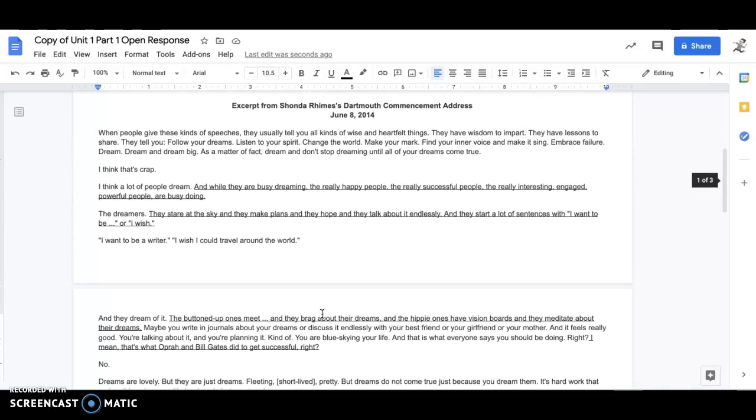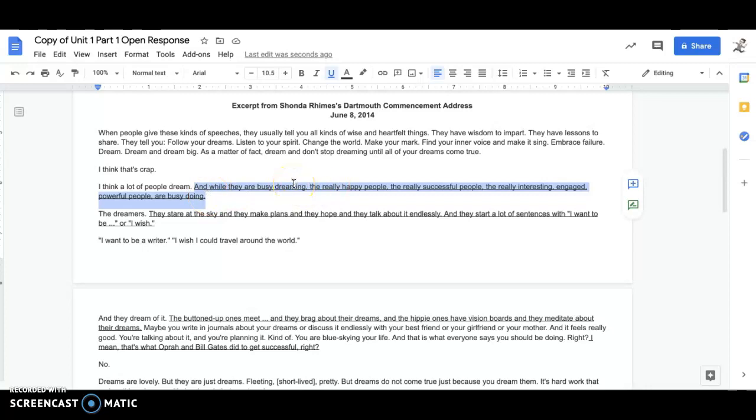So what I did as I was reading here was to underline some of the examples that we came up with in class. Then what we did is talk about each example and which definition strategy it fits into. So this one here, she's defining doers, right? The people that are busy doing.